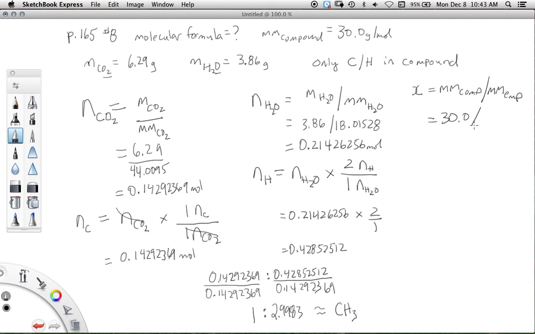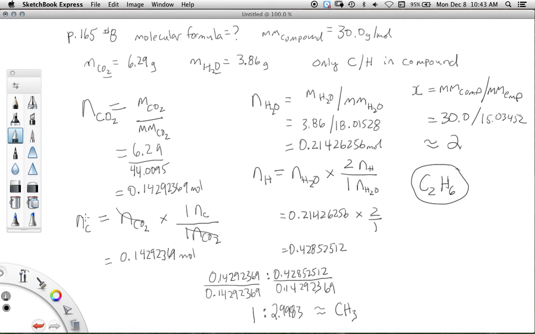We already kind of have our answer. 15.03452, which is about, I don't even need to do this, it's about half of 30, right? It's approximately equal to 2, which means it's C2H6. That is our answer.